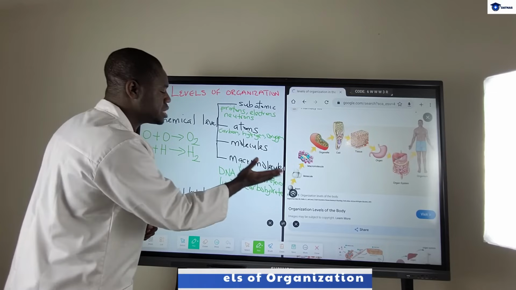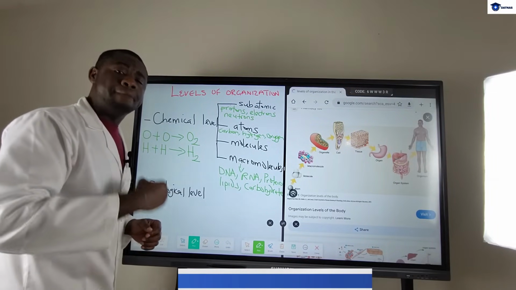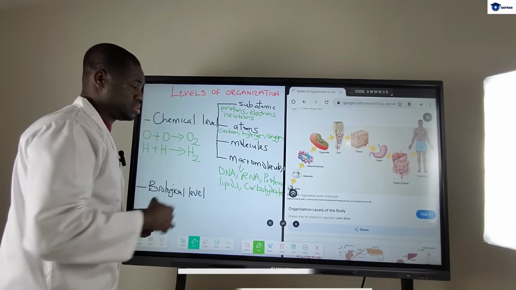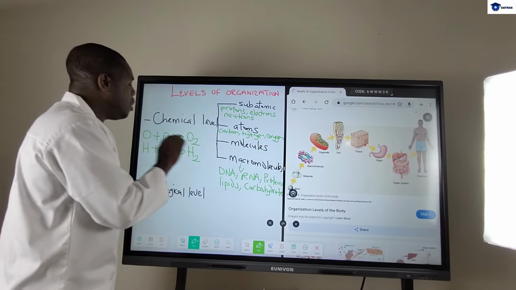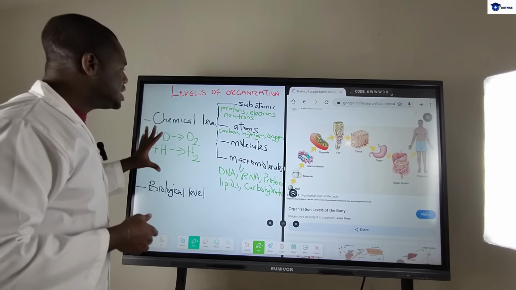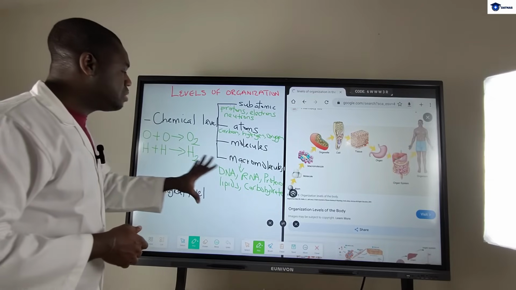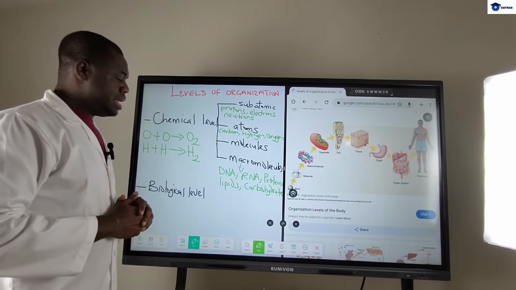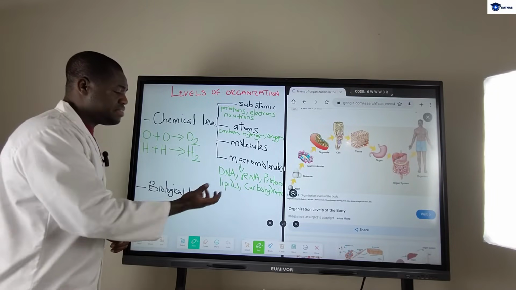All these are examples of macromolecules, which are formed by the combination of two or more molecules. So these are the chemical level. Now let's talk about the biological level.